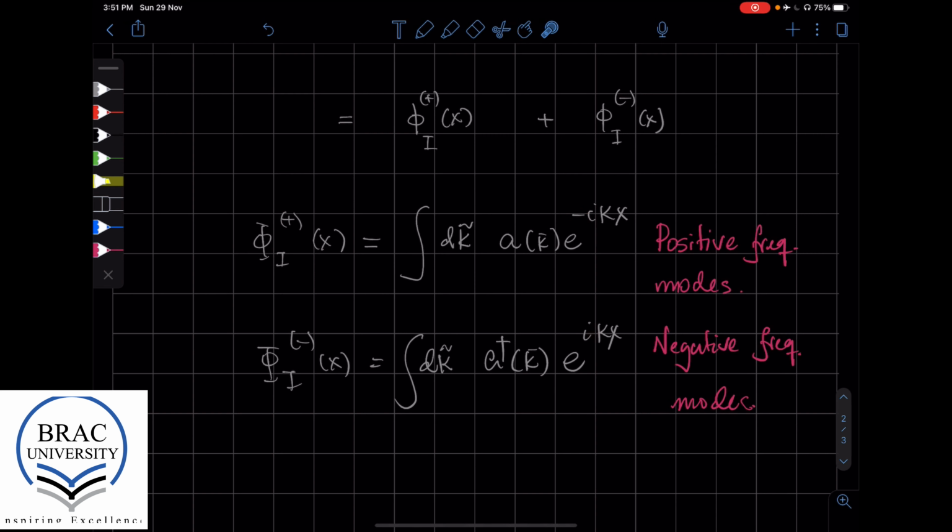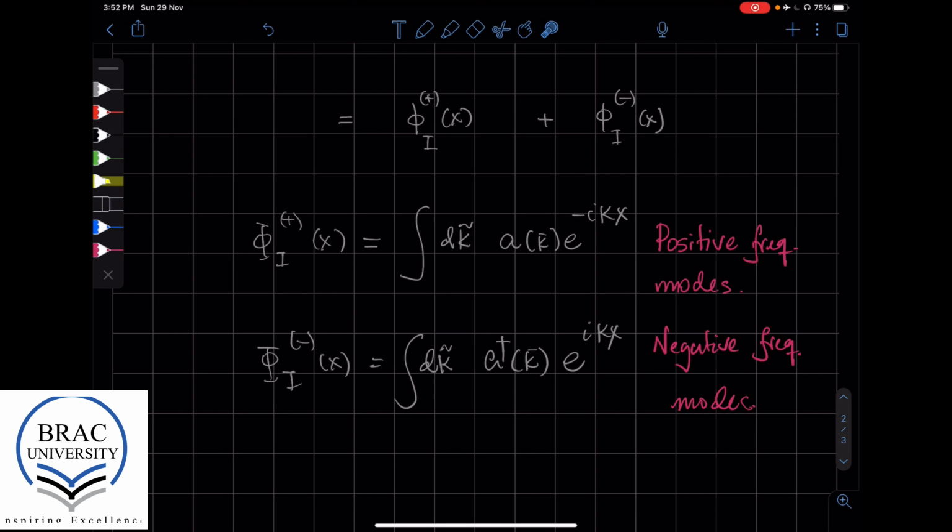And the positive frequency modes have annihilation operators in them, and the negative frequency modes have creation operators in them. The names are historical, so they don't really mean anything other than being just names. Historically, people interpreted these as wave functions for positive energy states, that is particles, and these as wave functions for negative energy states, that is antiparticles.